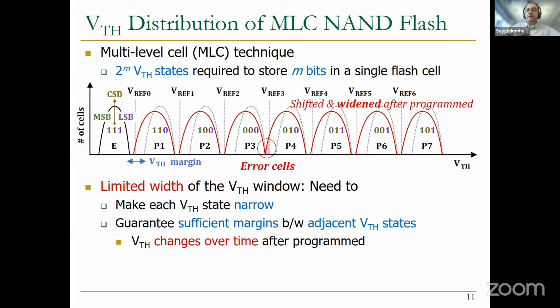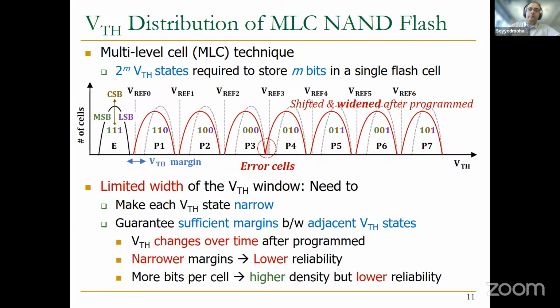Because some cells lose their charge faster than other cells, so in the end the distribution is going to be different. If it was only shifting, you could change your reference voltage and easily recover your read accuracy, but since it is also widening, at some point you will have some errors which you need to recover.